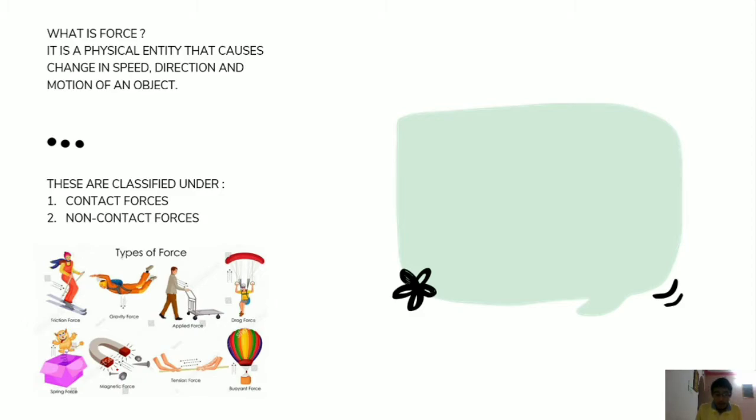Again a force is applied over here, but for applying this force there wasn't a contact between these two objects. This is what is meant by non-contact forces, where a force is applied but there was no initial contact between the two objects. Such types of forces can be considered non-contact forces. So this was all about the types of forces.